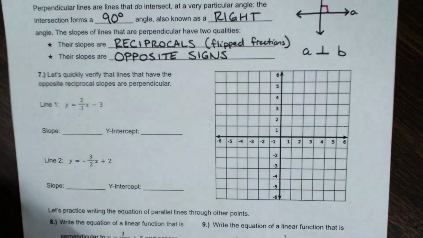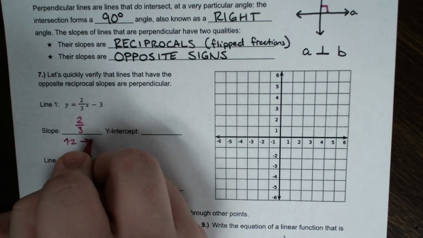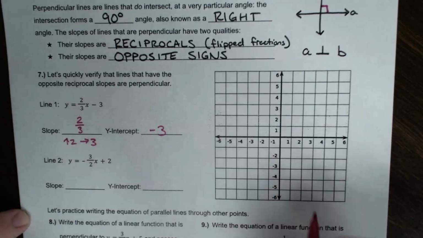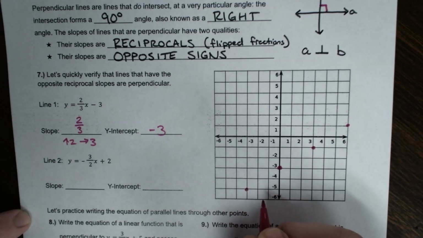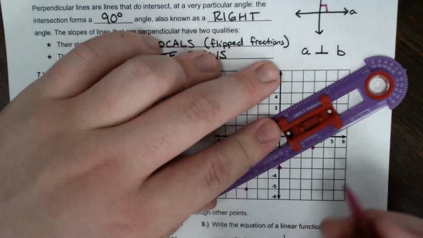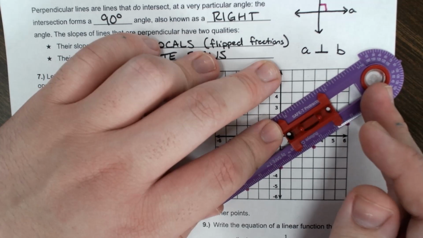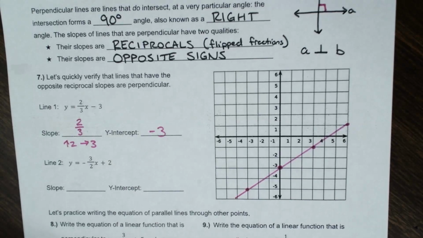So, line 1 has a slope of 2/3. That tells us to go up 2 and right 3, starting at the y-intercept -3. Line 2 has a slope of negative 3 over 2.